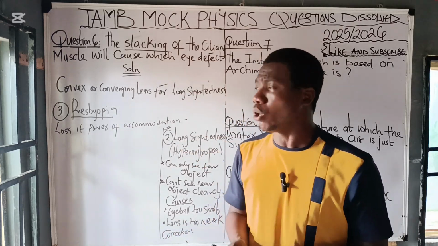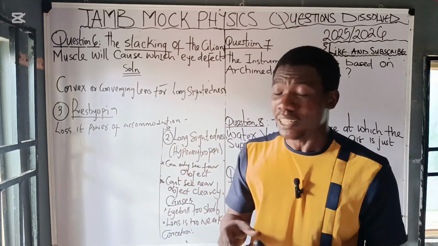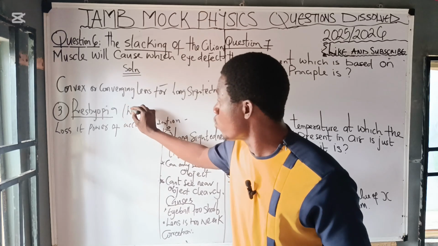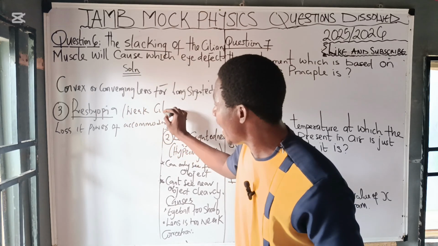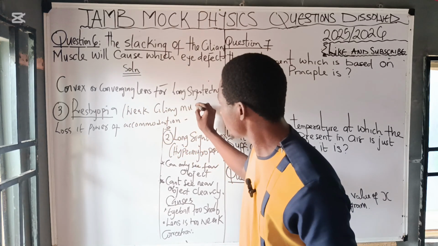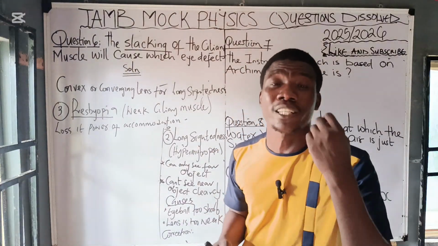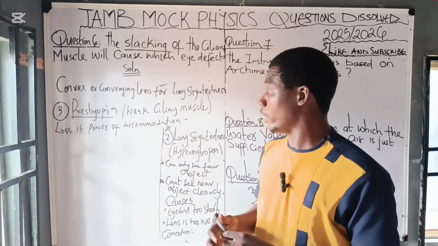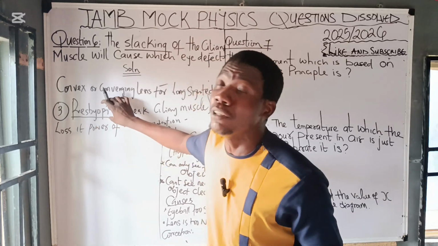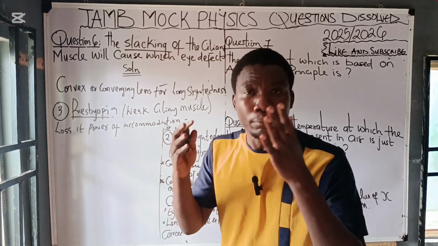Do you understand? So if the muscle is weak, the muscle in the eye is called the ciliary muscle. If it is weak, it means that the eye defect that is present is called presbyopia.